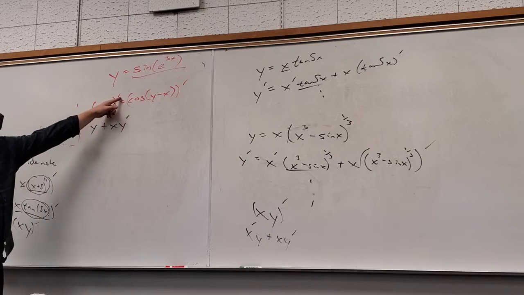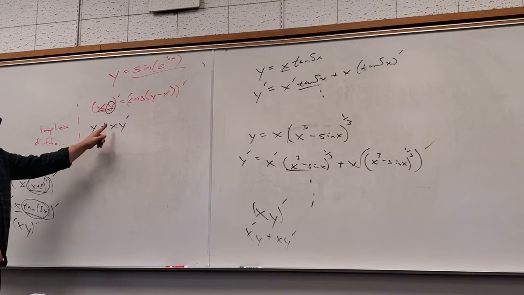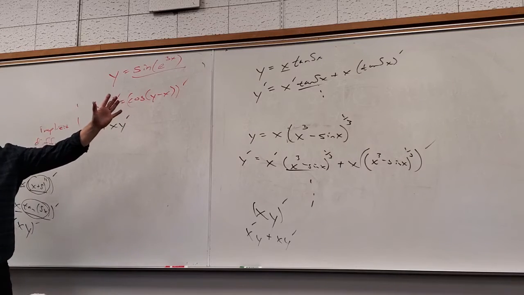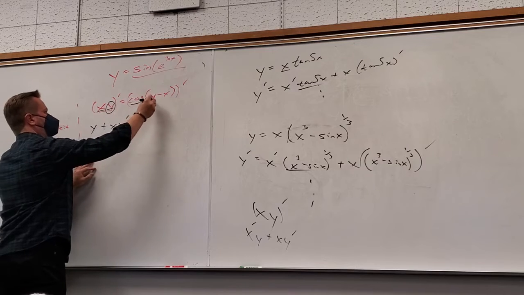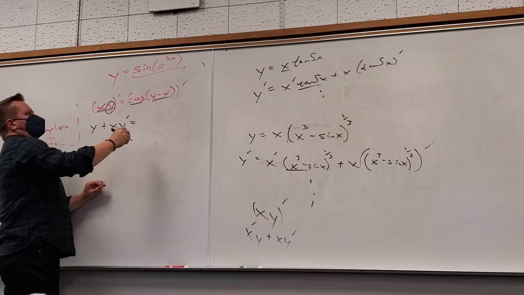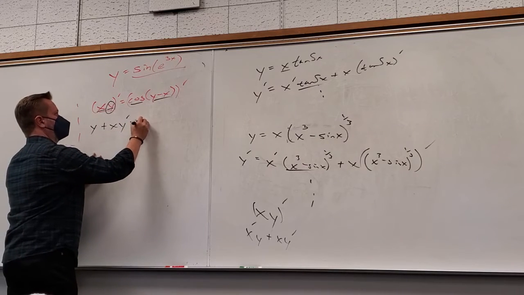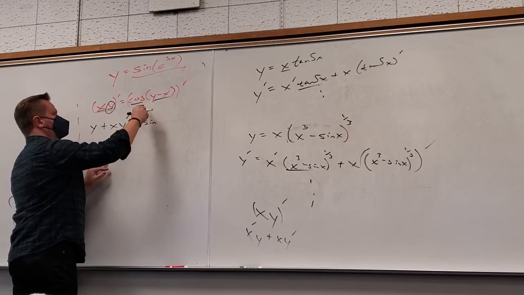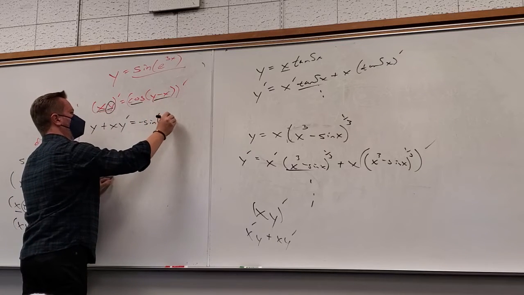Okay, so coming back to this. xy, derivative: the derivative of x is 1 times y plus x times the derivative of y. How do I do this thing? Cosine of stuff. Derivative of cosine of stuff is negative sine of stuff.